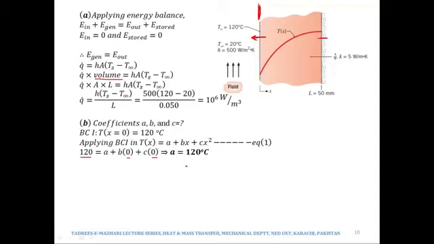Now what is the second boundary condition? There are a couple more things going on. For example, one of the things we know is that at x equal to 50 millimeters, heat transfer is 0 because it is well insulated. And another thing we know is that at this face, at x equal to 0, whatever heat comes to this face, where will it come from?